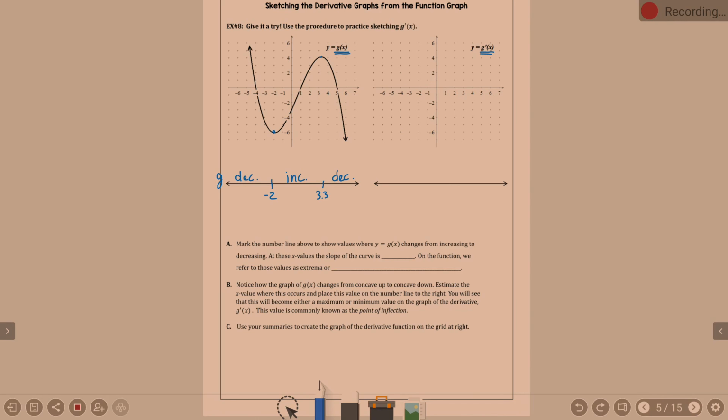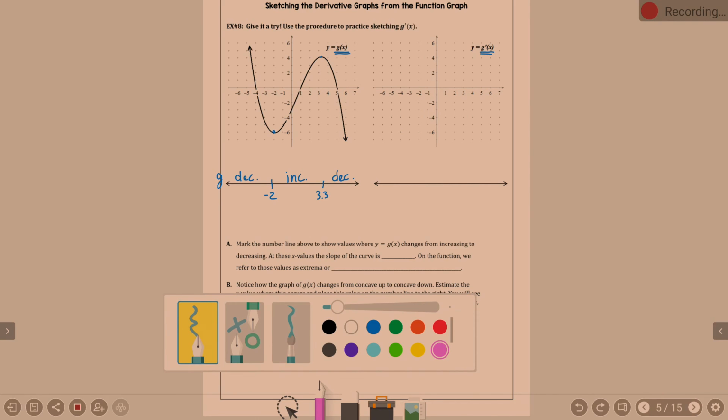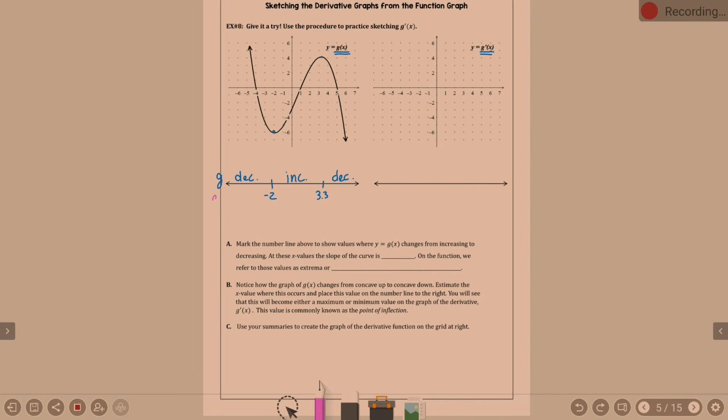Now, as we think about this, I'm trying to figure out best how to do this. That is in terms of g, right? So we're getting ready to graph g prime. A decreasing graph means what kind of slope? Negative.